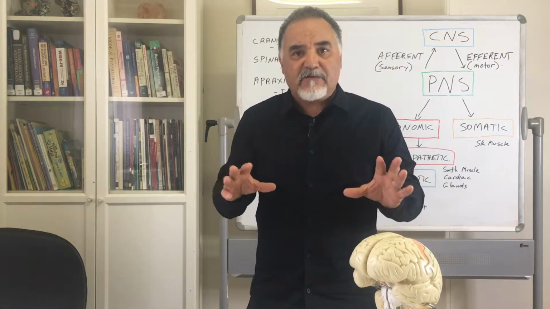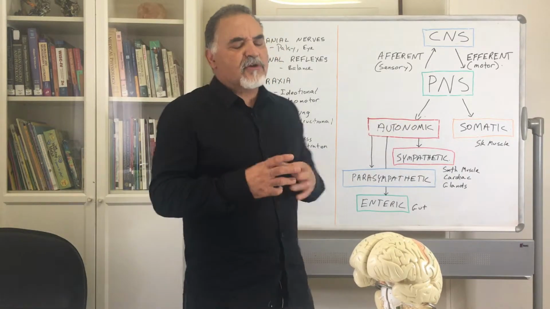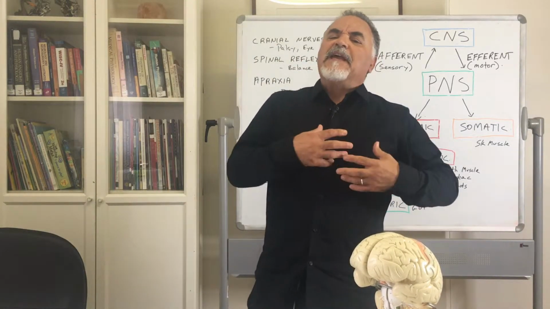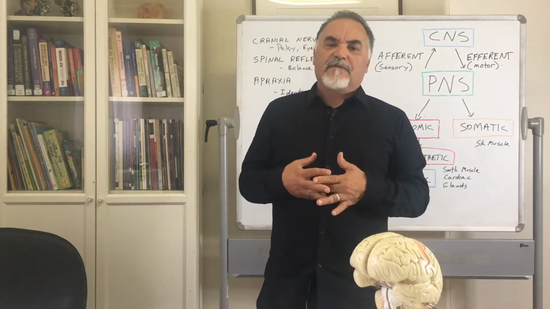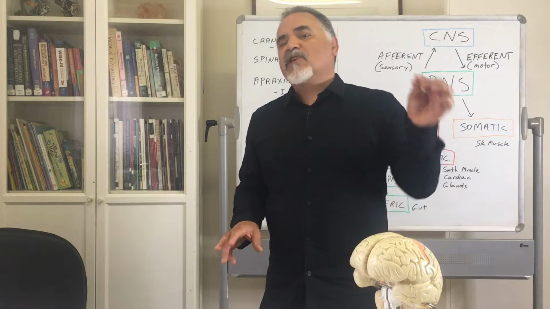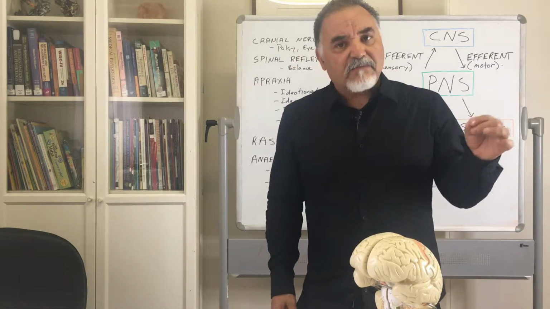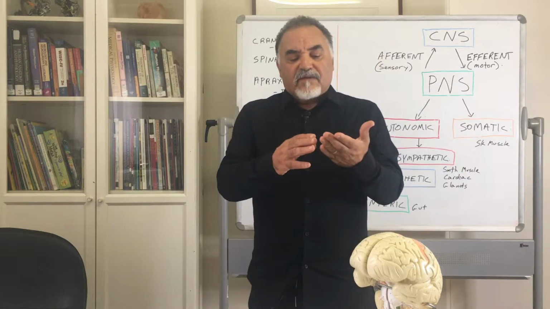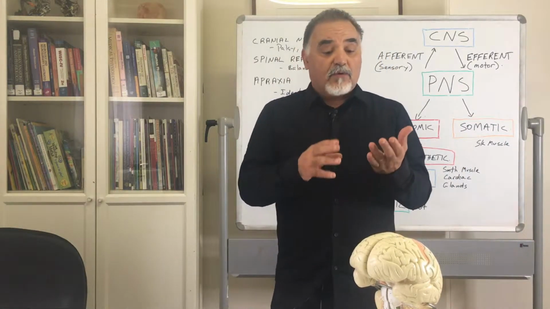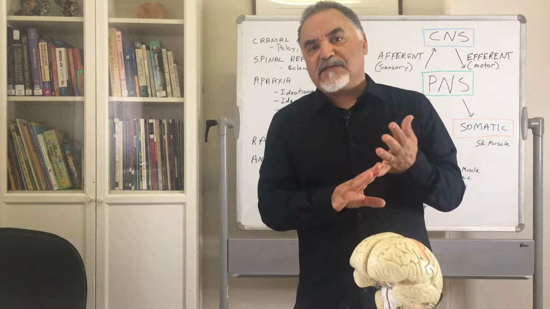The other is the autonomic nervous system, and the autonomic nervous system is also the involuntary nervous system, and it doesn't control skeletal muscle, but it controls two other types of muscle, as well as some glands. The type of muscle that it controls we call cardiac, that's your heart, and smooth muscle.